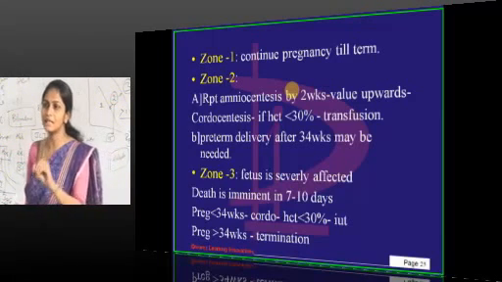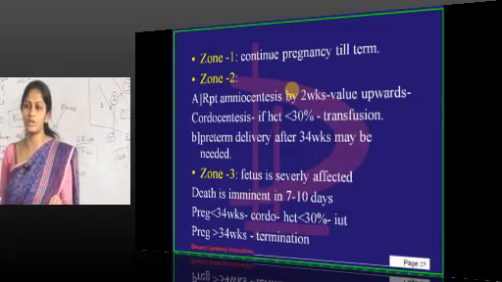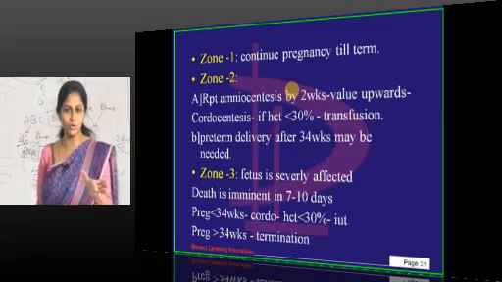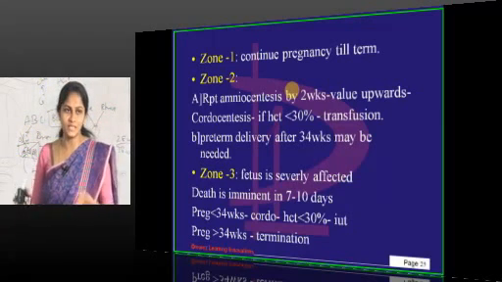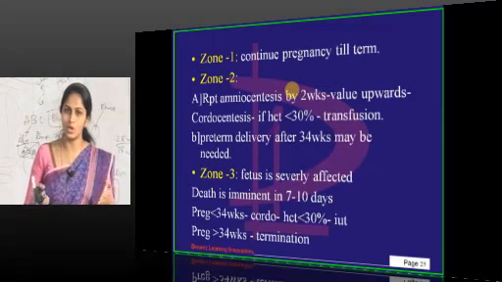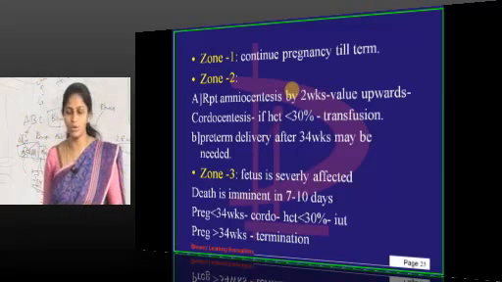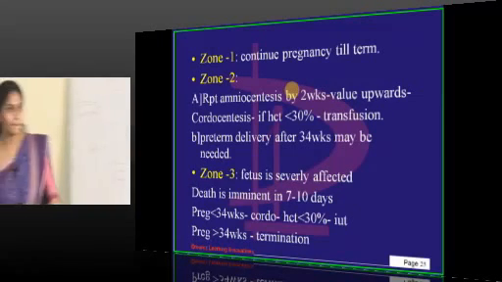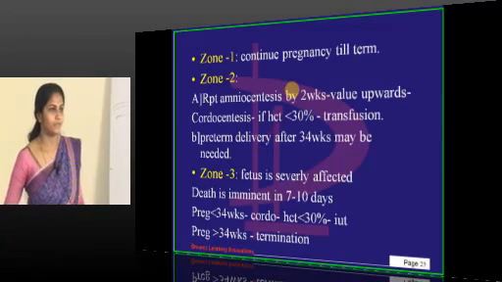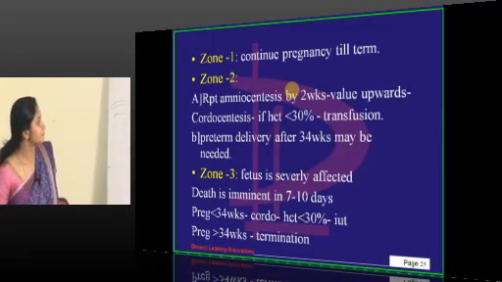Only if it is less than 30%, then we go for intrauterine transfusion. If it is 50-60, no need to do. Why are we giving blood? Because it indicates that the fetus is anemic. We want to correct the fetal anemia, or else the baby will go into cardiac failure and die. Okay? Yeah, exchange blood transfusions.